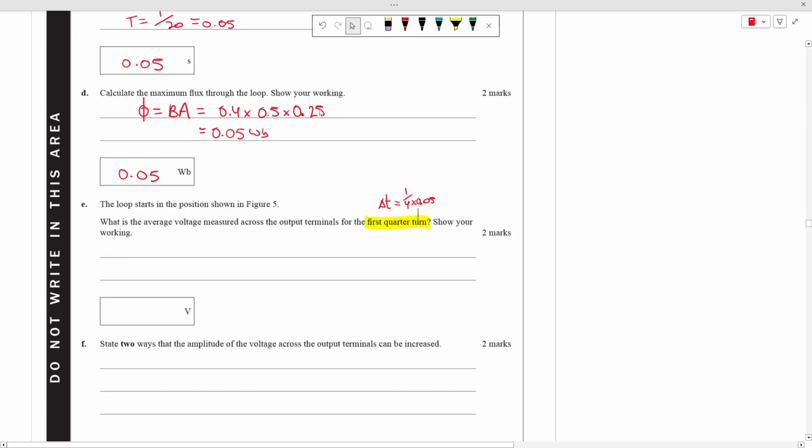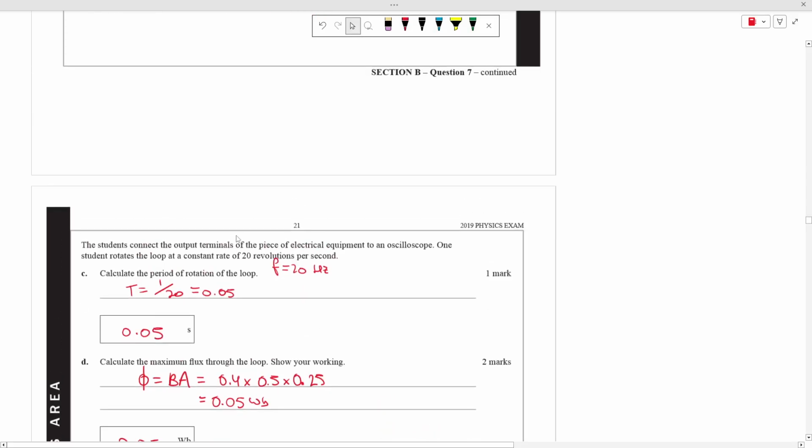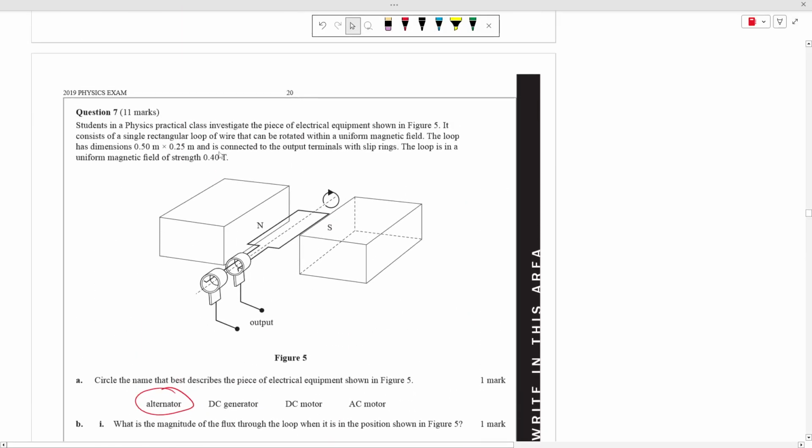Show your working. All right, so average EMF is equal to negative N times change in flux over change in time. N, how many turns do we have? It's a single rectangular loop, so that's 1.